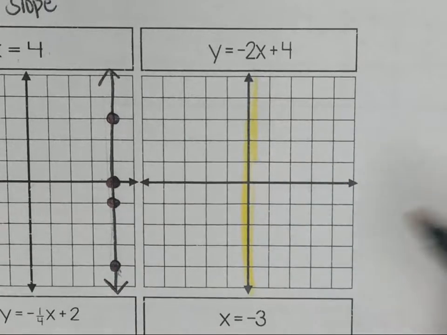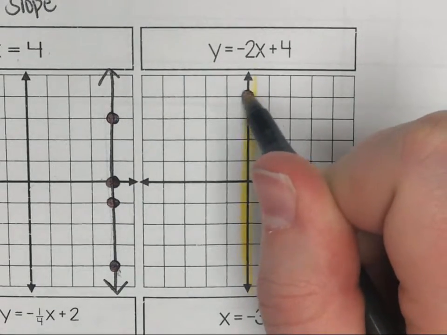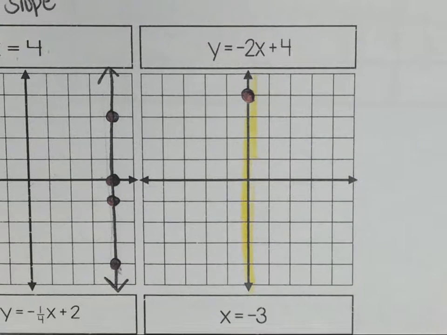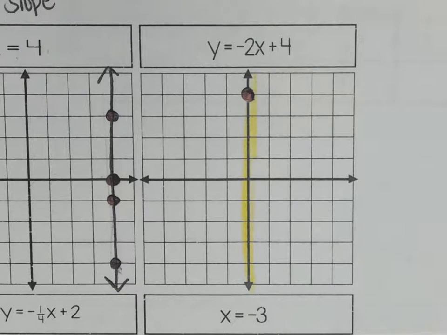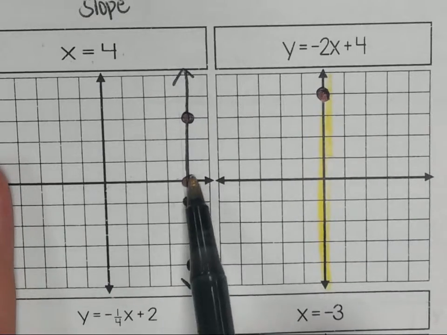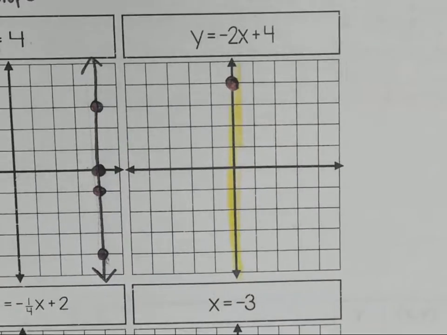If our y-intercept is 4, I have to go up 4 and we put our first point. The intercept always goes on y. The only time we go on the x-axis is if x is equal to a number, with no y. Every other time we go on the y-axis.